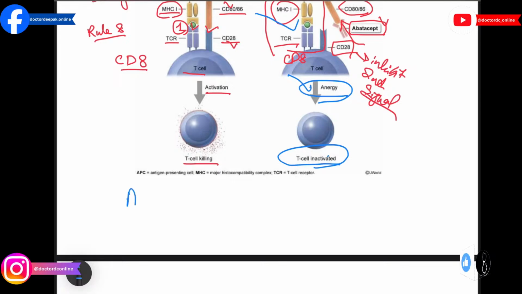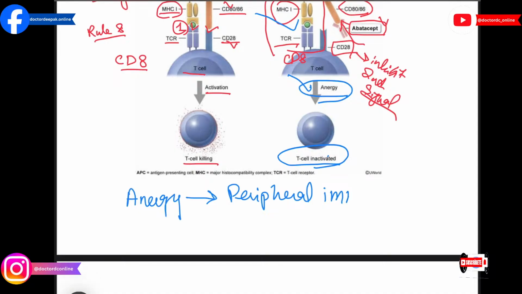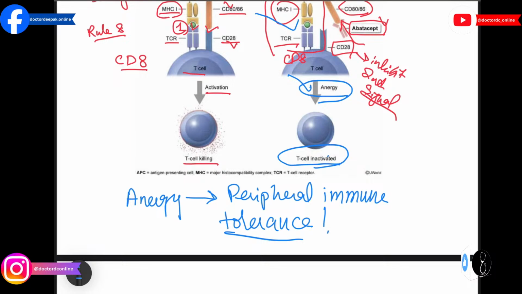So that anergy process is peripheral immune tolerance. It means they are no longer responding to cytokines or antigens.